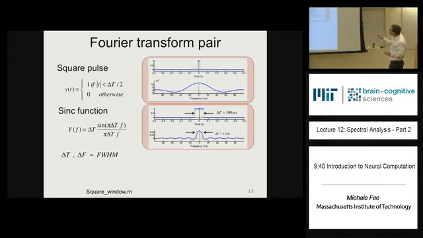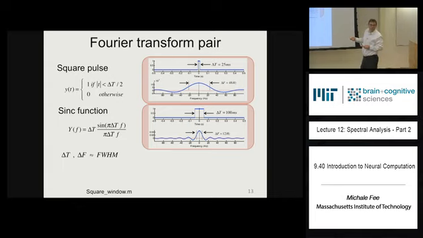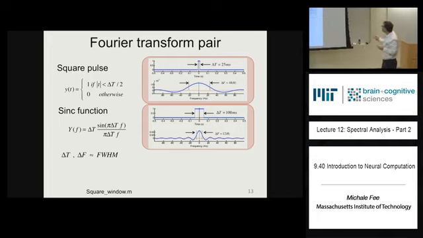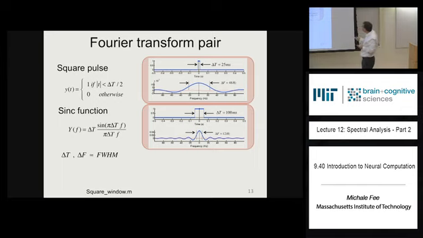So if we take that pulse and we make it narrower, 25 milliseconds, then you can see that the sinc function is the same sinc function, but it's just stretched out in the frequency domain. So here, if it's 100 milliseconds, the width is 12 hertz. The full width at half max of that peak is 12 hertz.